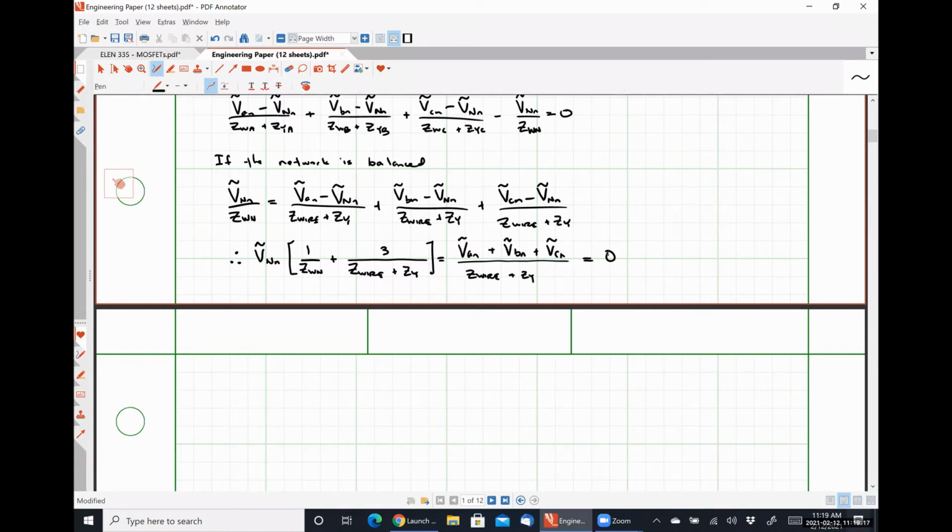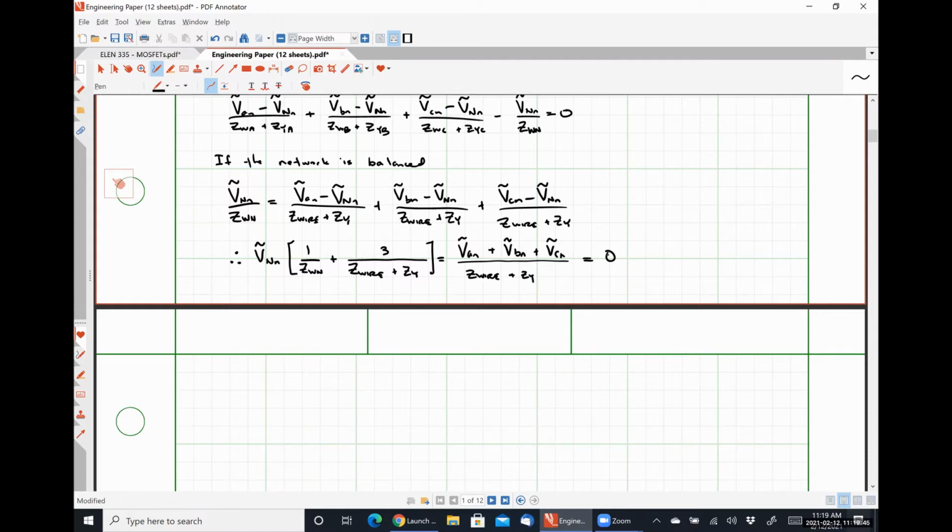Now 1 over my wire impedance for my neutral line plus 3 over the total impedance seen downstream, that's not going to be 0. So this implies that the voltage drop over my neutral conductor is always 0 for a balanced 3-phase system, okay?